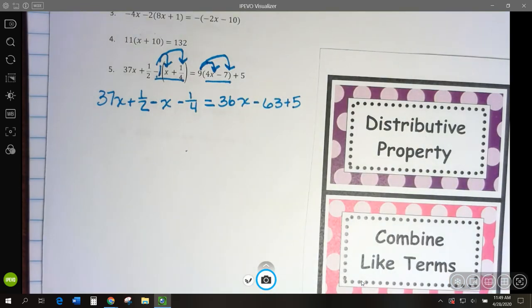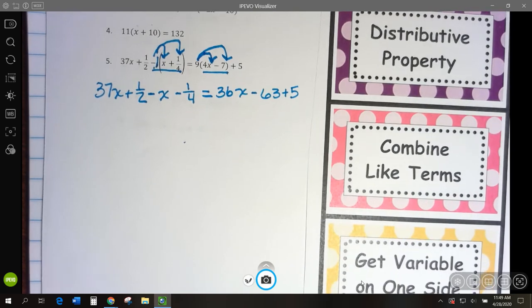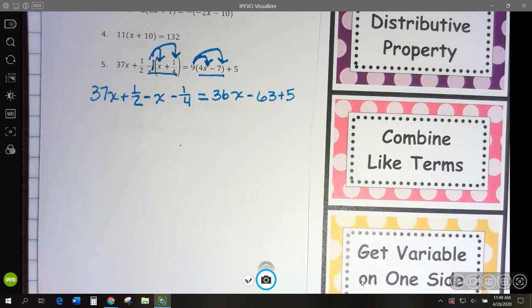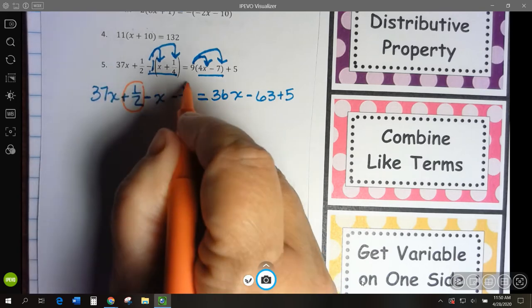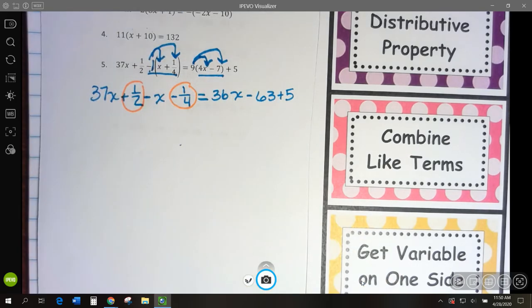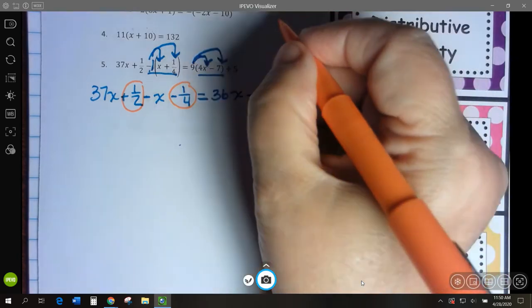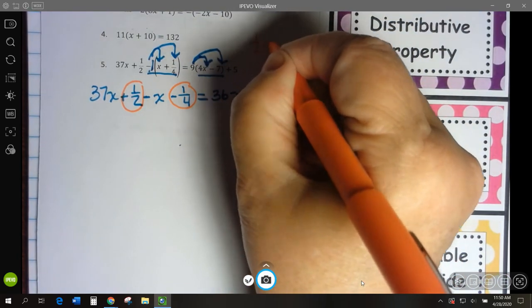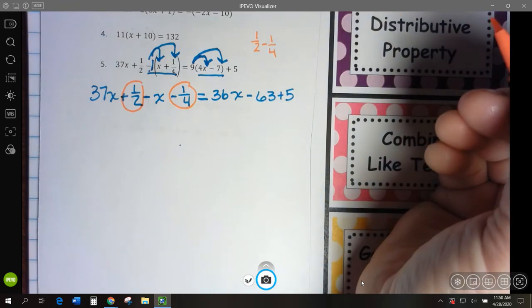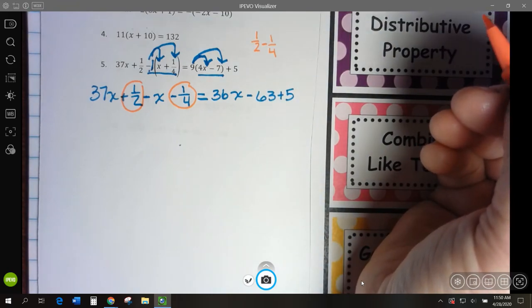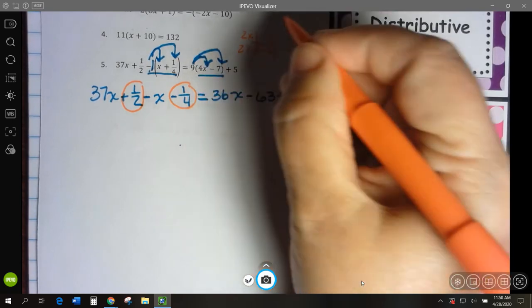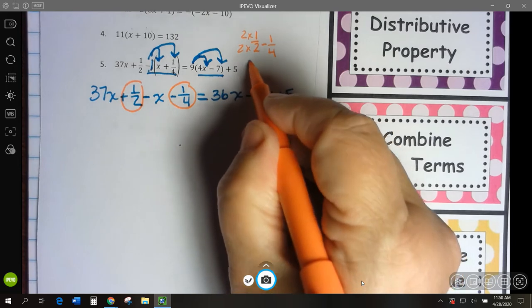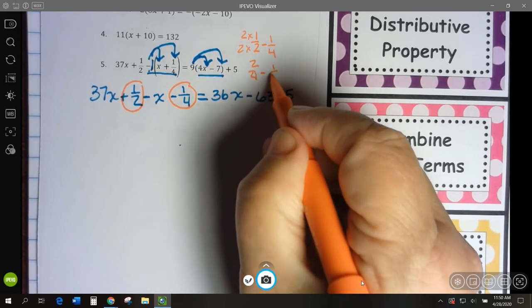Next, we need to combine our like terms. We have over here a positive 1/2 and a negative 1/4. So let's do that over here. 1/2 minus 1/4. We have to have a common denominator. Common denominator would be 4. So I'm going to multiply each of these by 2. And I'm going to get 2/4 minus 1/4.